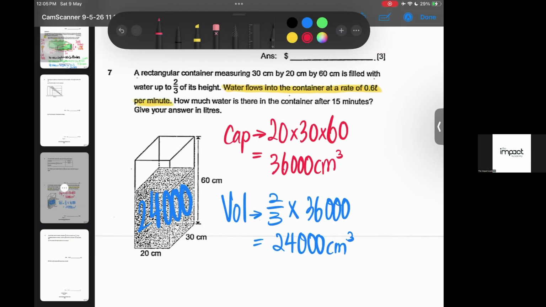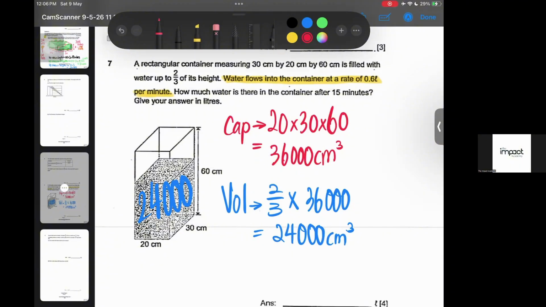Let's use you. You're going to be my role play today. Can you show us the action of filling water into the container?